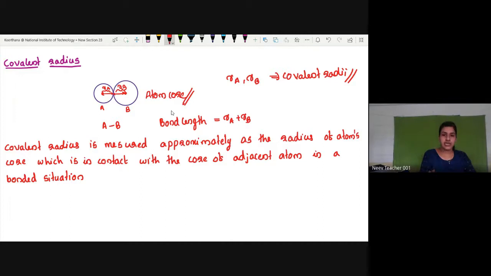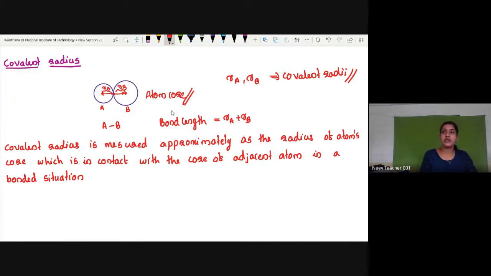The covalent radius is measured approximately as the radius of the atom's core, which means the atom excluding these valence electrons. Since overlapping is occurring, it will be different.